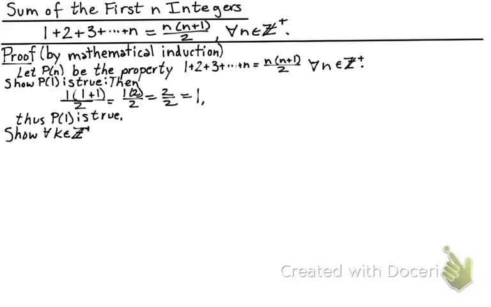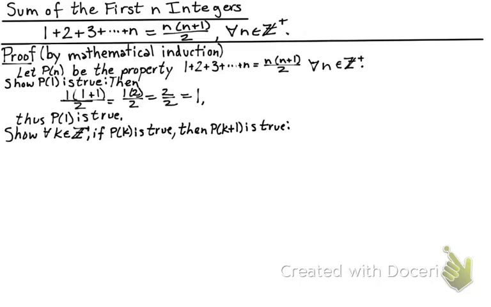If P of k is true, then P of k plus 1 is true. This is the inductive step. So this is where we are right now.